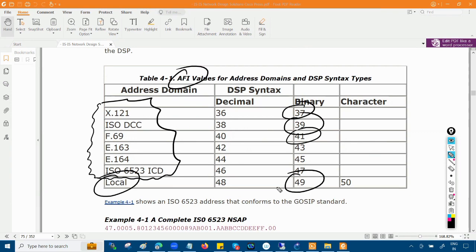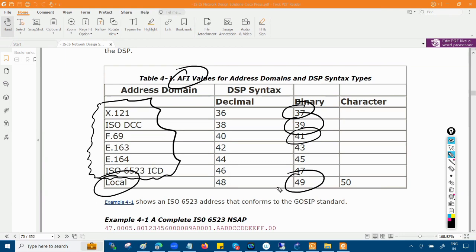In a production network, you always find 49. Personally, I tell you, I have gone through almost 30 plus production networks, like service provider networks, in my career, and I've seen that everyone is using 49. Even in the CCIE lab exam, 49 is coming everywhere. So 49 is the recommendation for local use.